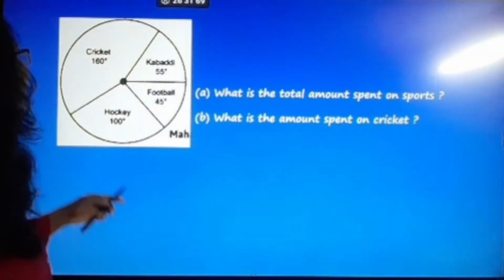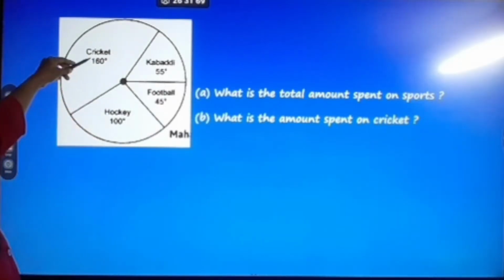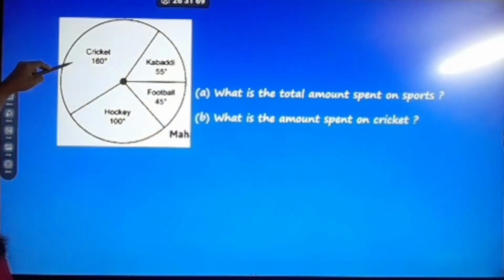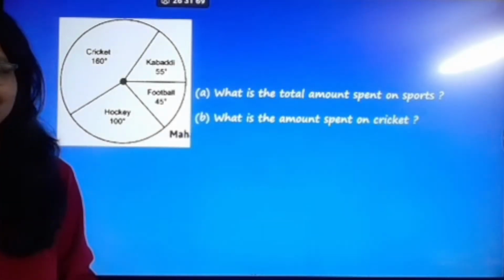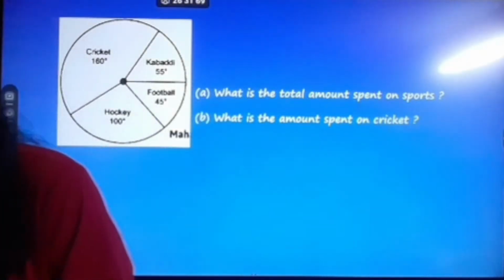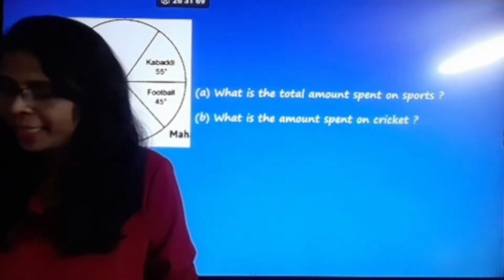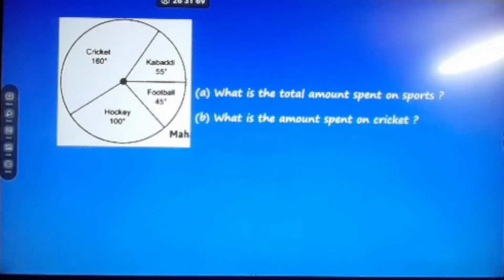Yes, here is the pie diagram, and that is for cricket, kabaddi, football and hockey. Now the example is that in the given figure, the pie diagram represents the amount spent on different sports by a school administration in a year.